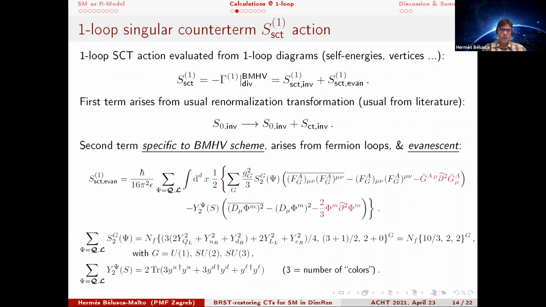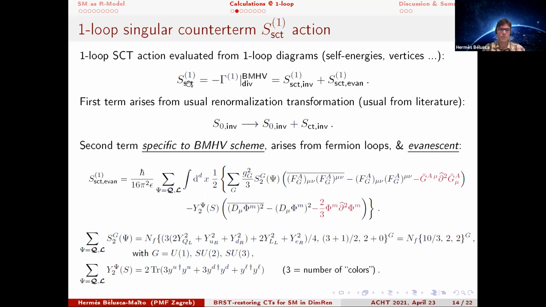So now we proceed to the one loop calculations. In order to obtain the singular counterterms, we basically look at the one loop diagrams, the self-energy corrections, the vertex corrections, and so on. So the 1/epsilon terms from these calculations define basically the singular counterterm action. And when we look at its structure, we note that there are basically 2 parts in it.